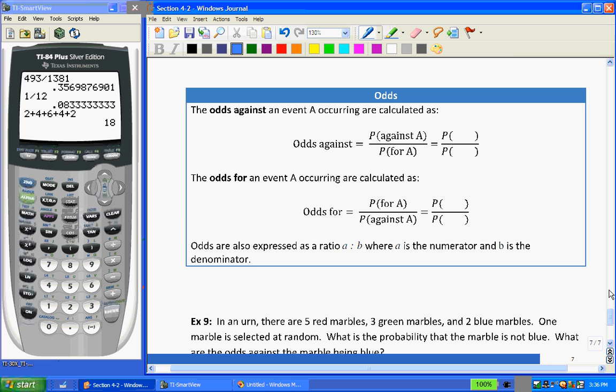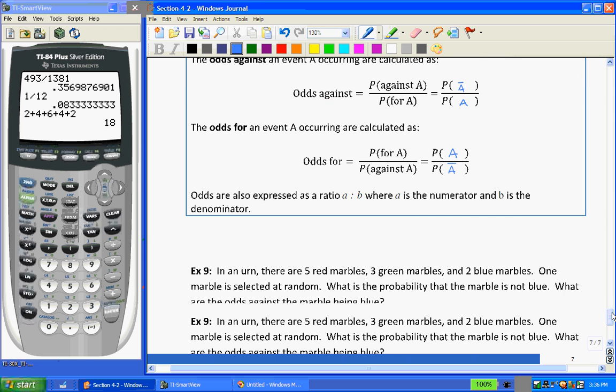If I want to calculate odds against an event A happening, it's the probability against A, or not A, over the probability for A. So that's the probability of not A over the probability of A. But if it's the odds for an event happening, it's just the reverse. The probability of A is on top and the probability of not A is on the bottom. You'll also see odds expressed as a ratio A colon B, where A is the number from the numerator and B is the number from the denominator.